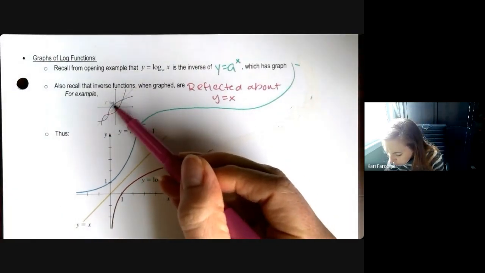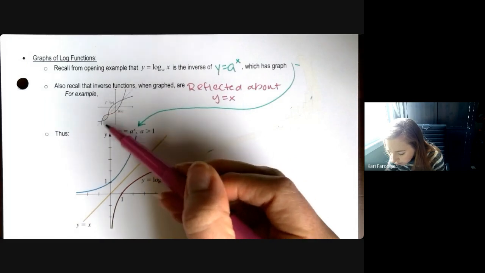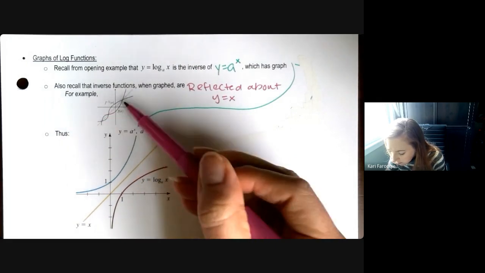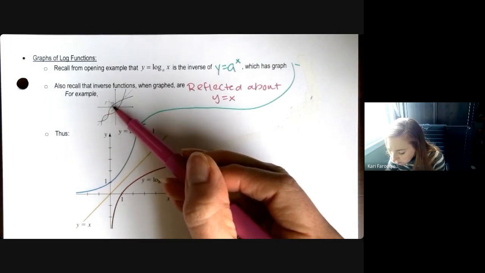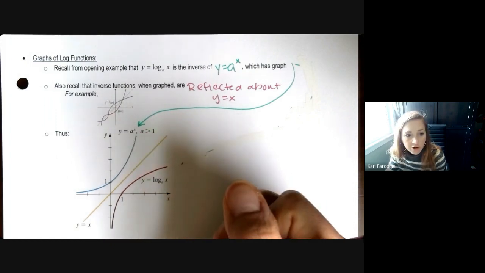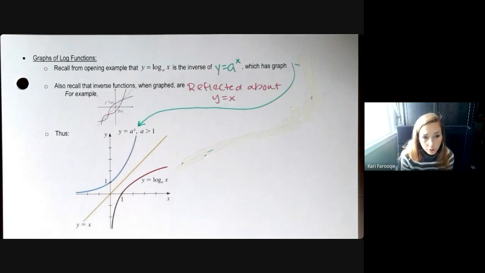You can see this dashed line at y equals x. The function f of x is the one in red. Its inverse is reflected over that line. So all of the points from one graph, you can reflect across the line to get to the points on the other graph. So that's just one property of inverse functions, that they're reflected about the line y equals x.